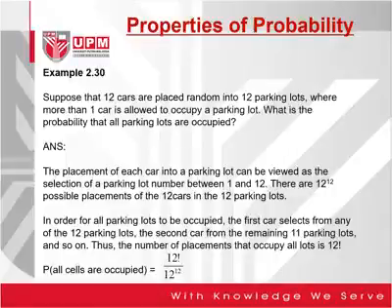So we have to find the probability, which is equal to small n divided by big N. First we find the value of big N, which is all possible ways to arrange the vehicles. You can imagine you have 12 cars in your hand, and in front of you there are 12 parking lots. When you go to the first parking lot, how many ways can you choose one car and put it into the first parking lot?